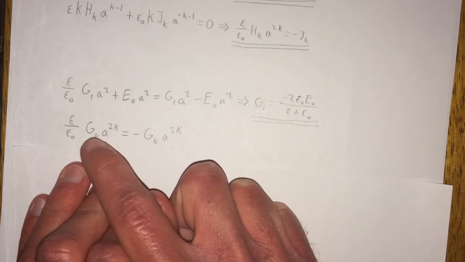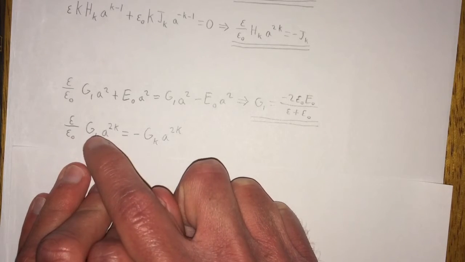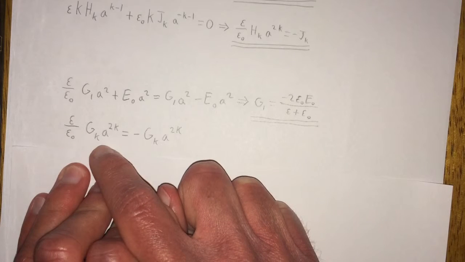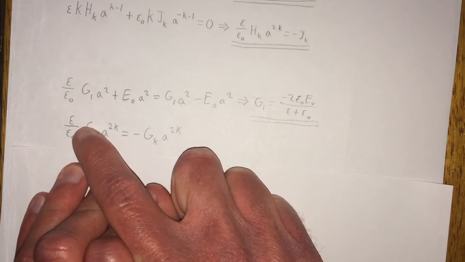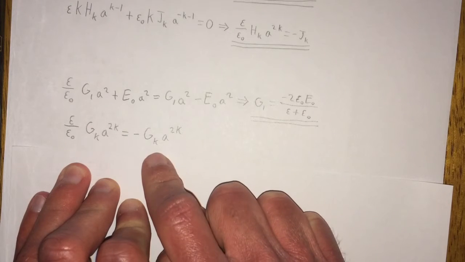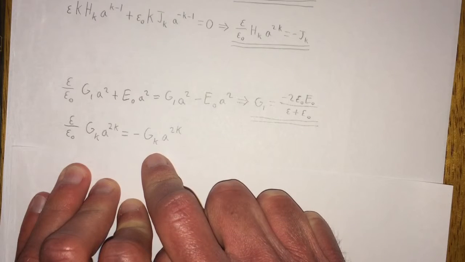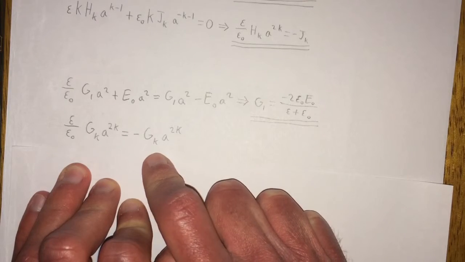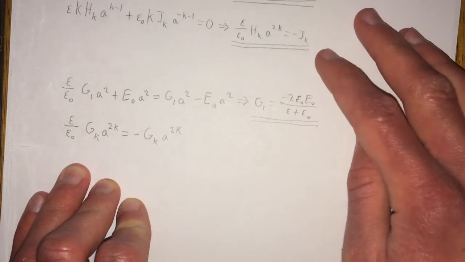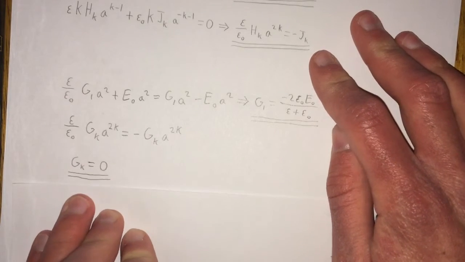Now, if g sub k is any value other than 0, this means that epsilon over epsilon naught is equal to -1, which is impossible. Therefore, g sub k must be equivalent to 0.